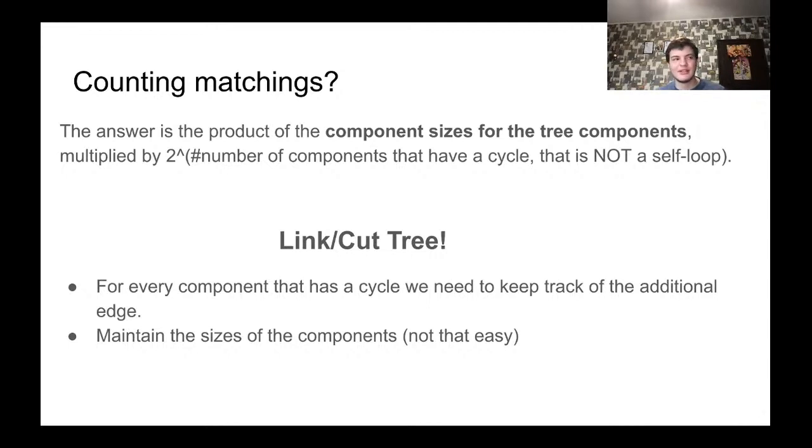So as we also want to handle components that have a single cycle, for every tree we are going to keep a flag or an additional edge which will represent the cycle. If there is no cycle, this will simply be none. And also we want to maintain the size of the connected components, and this isn't that easy.